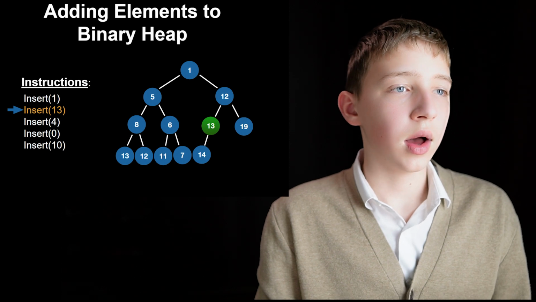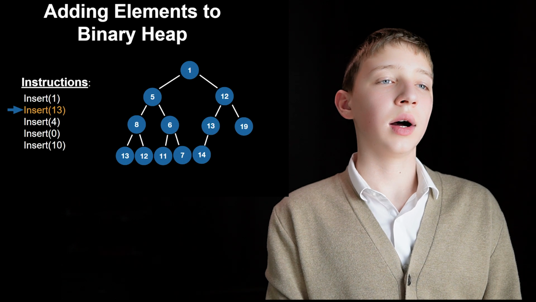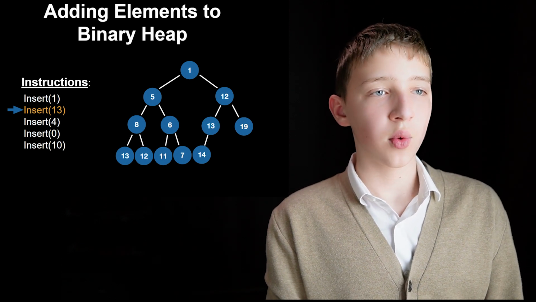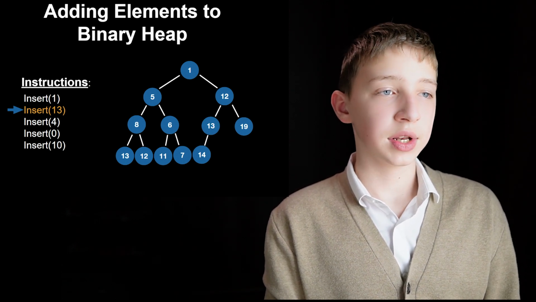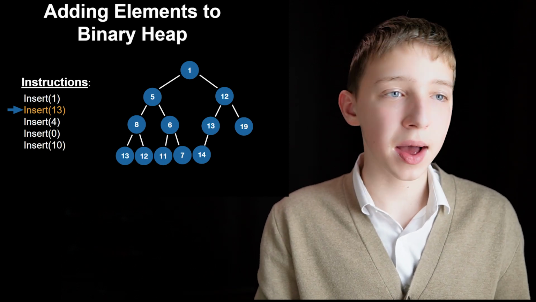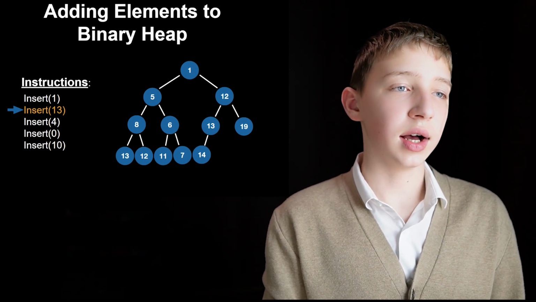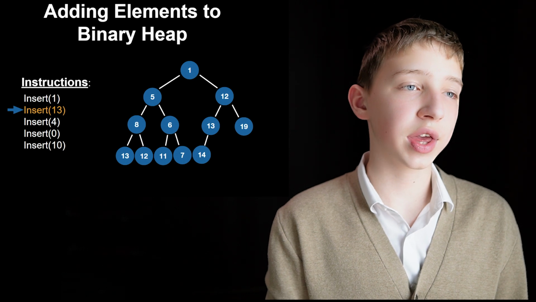Okay. Now the next values we need to insert are 4, 0, and 10. Of course, this is not the min heap but the max heap example, where the element at the root node is less than the element at the child node.